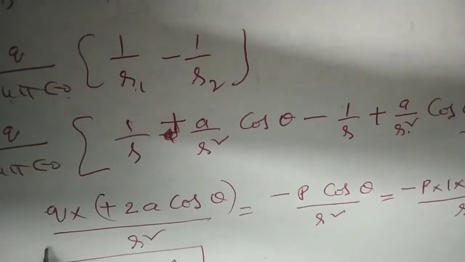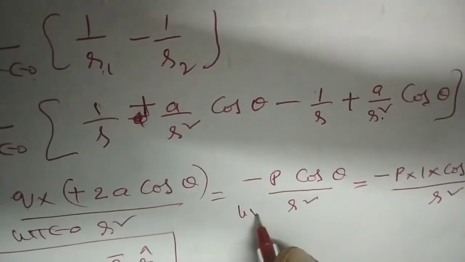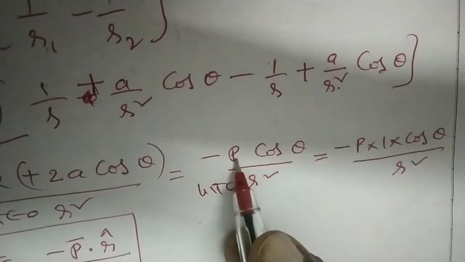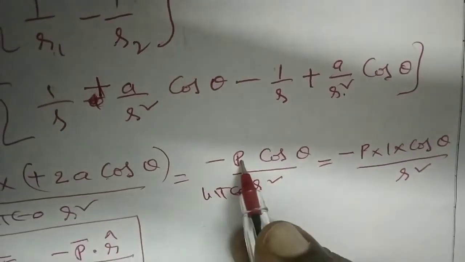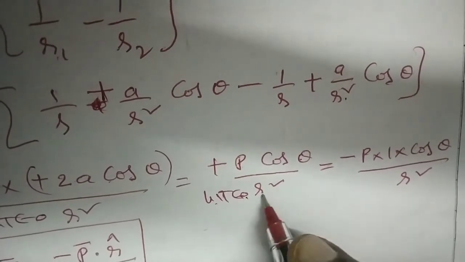So q into 1 by 4 pi epsilon 0 is there. That equals q into 2a, which becomes p, the dipole moment, and cos theta is there. So p by 4 pi epsilon 0 cos theta by r square.